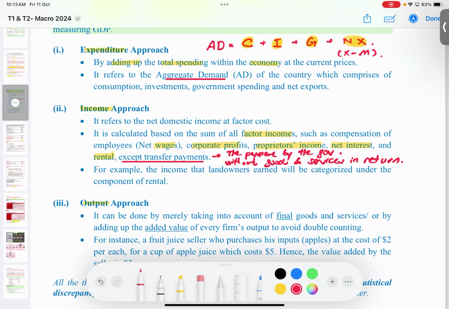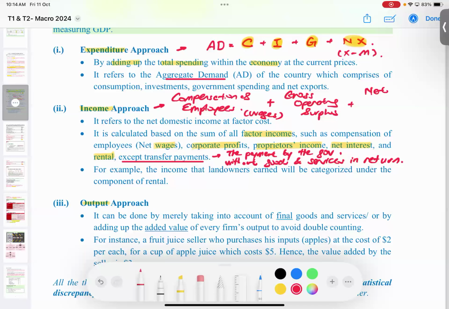Now I want you to remember one formula, then it will be very easy for you, which is for income approach. You use the compensation of employees. Compensation of employees means wages, plus gross operating surplus, plus net indirect taxes.